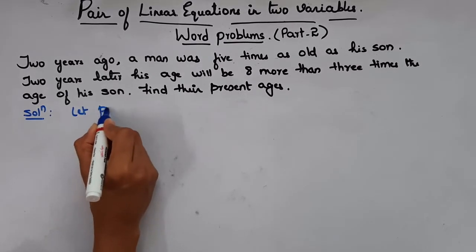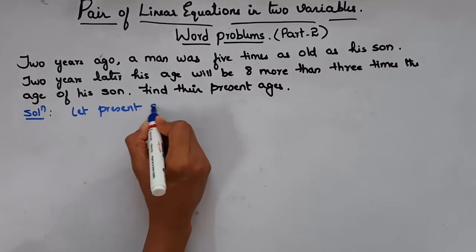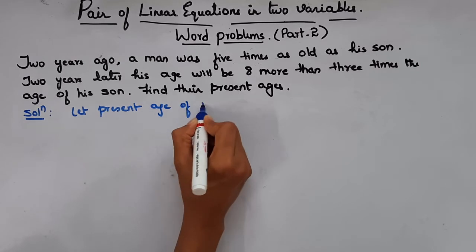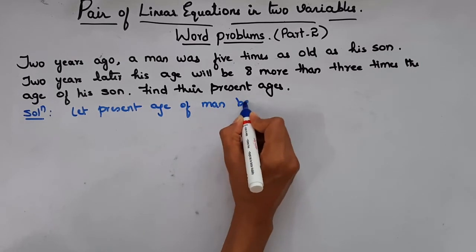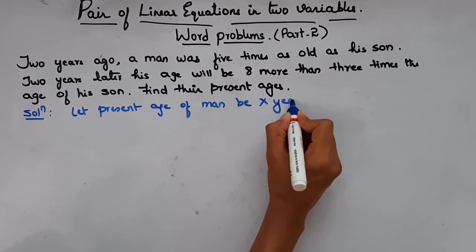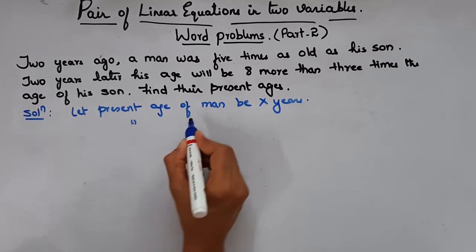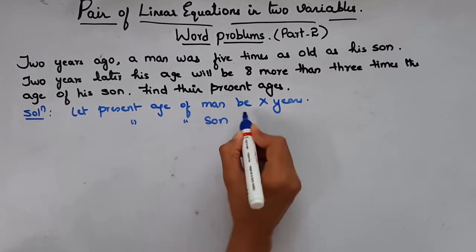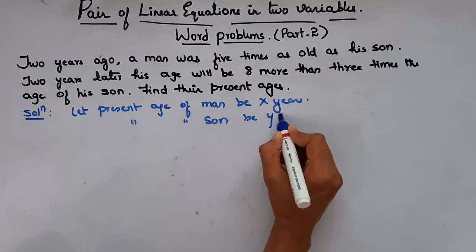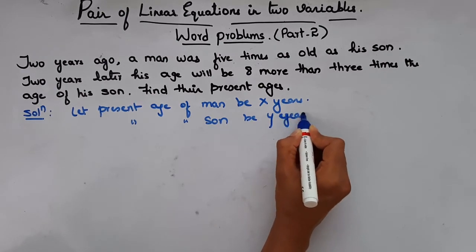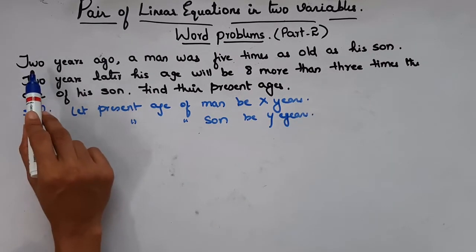Let the present age of the man be x years and the present age of the son be y years. So here it says 2 years ago.